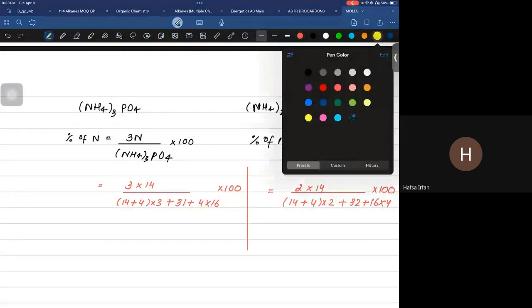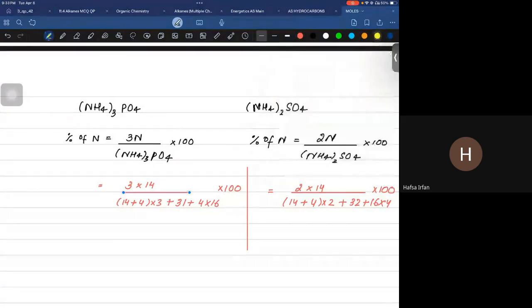After solving it, you would get the percentage of nitrogen. Then you can decide which is the best. It's very easy. This is called percentage by mass.